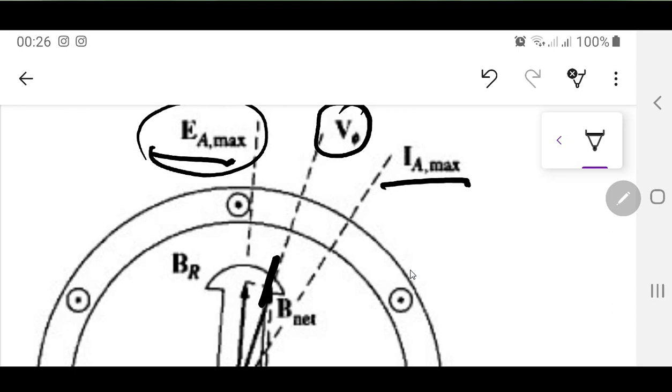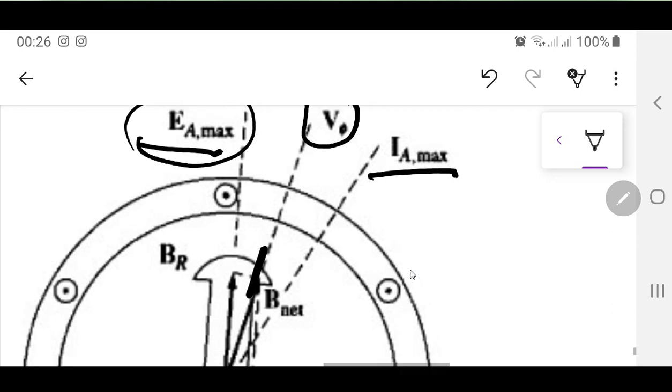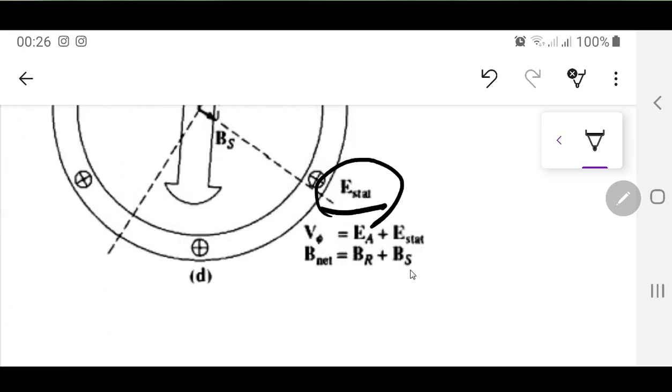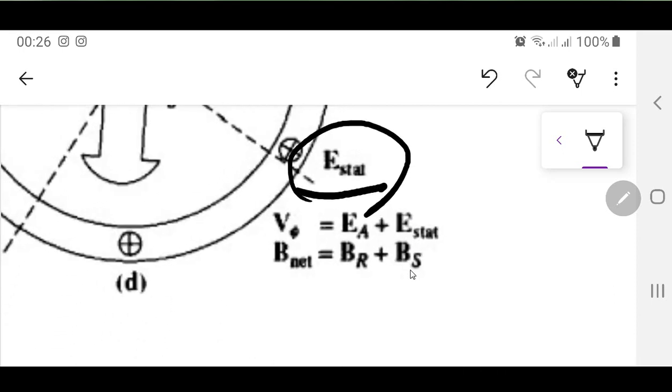What is B net? B net is the net magnetic field inside the generator that is produced because of BR plus BS. These are all vectors over there, so I don't need to have arrows on this one. The reason behind this is that these are written in bold. So V phase is equal to EA plus E stat, or B net is equal to BR plus BS.